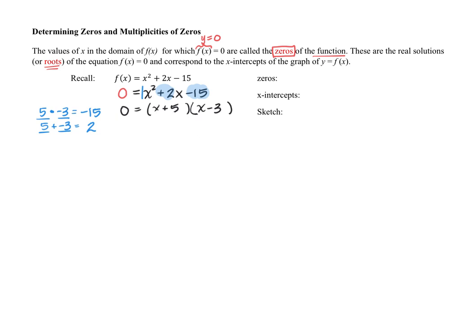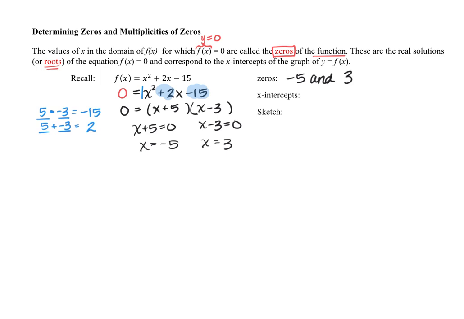Once we have this factored, we're going to use the zero product property, where we set each of our factors equal to 0. So either x plus 5 is equal to 0 or x minus 3 equals 0, and we end up with x equals negative 5 and x equals positive 3. So the zeros of this function would be negative 5 and positive 3.